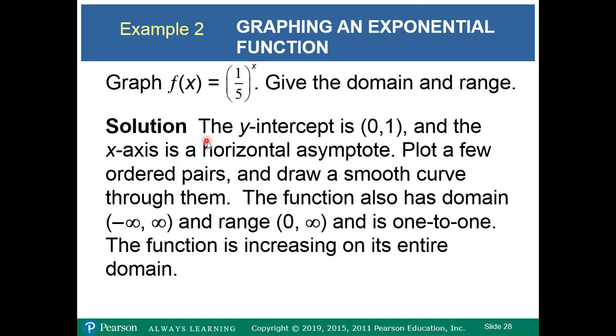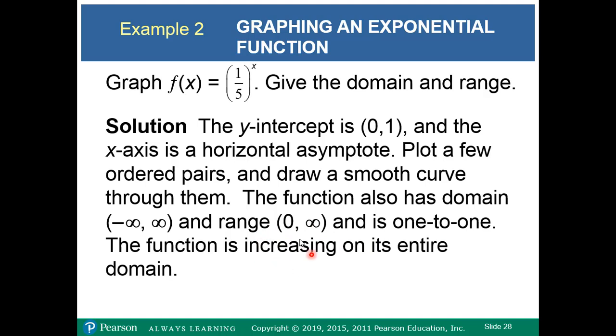We also know that the x-axis is the horizontal asymptote, the domain is all real numbers, the range is all non-negative real numbers, and it is one-to-one, and it's also increasing. Hold on a second. The function is increasing? No, this is decreasing. That's a mistake.